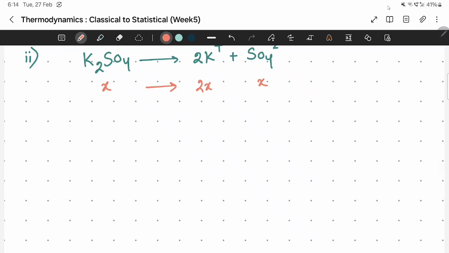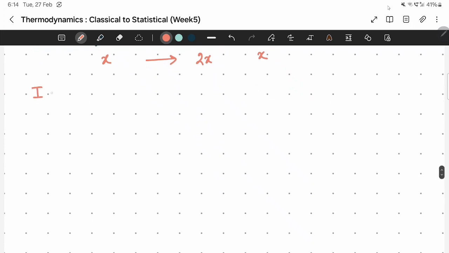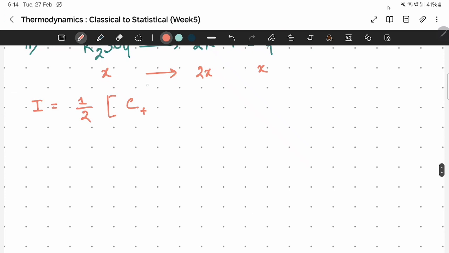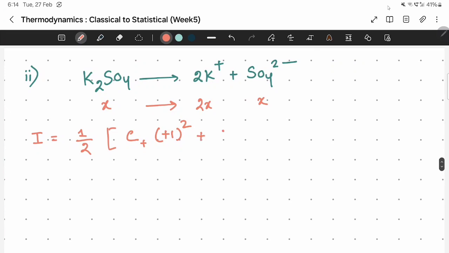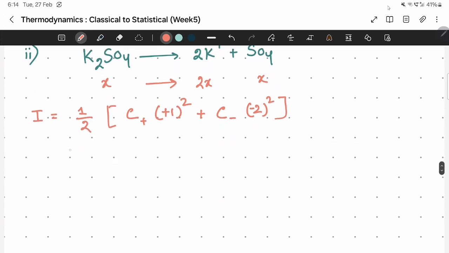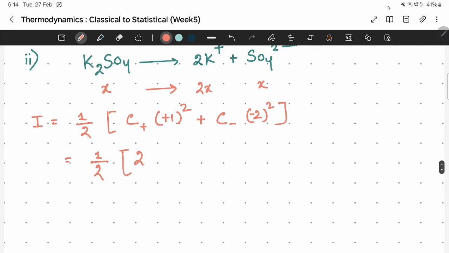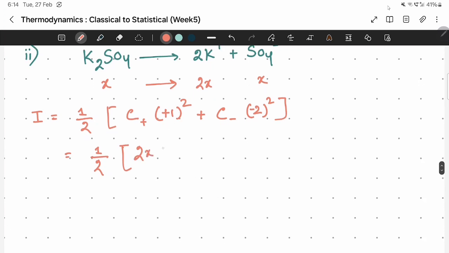Now I will be half into C plus, for the cation I'm writing Zi square, which is plus 1 square, plus C minus 2 square. So it will be half. What is C plus? That is 2X, times 1 square is 1, and C minus is X, times 4.